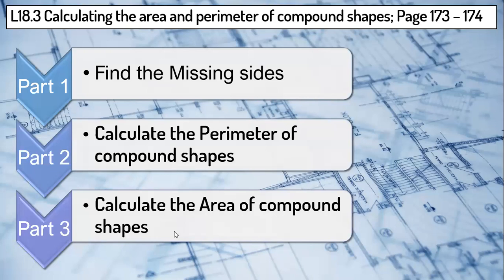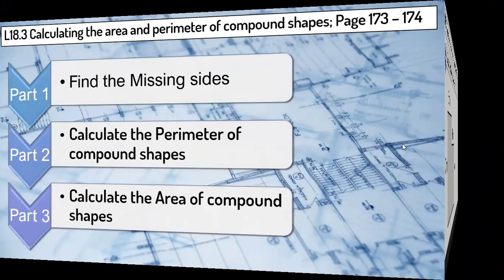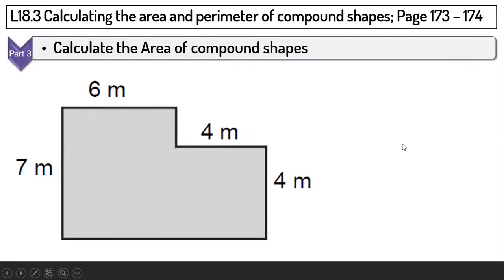So now let's start with the actual lesson. If I want to find the missing side for a shape, the first thing is either you're going to add or you're going to subtract. For right now, let's look at this shape. How many sides are missing if I'm looking at it?